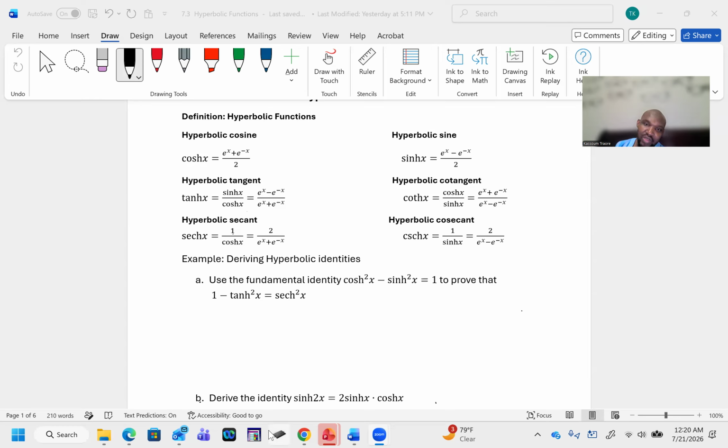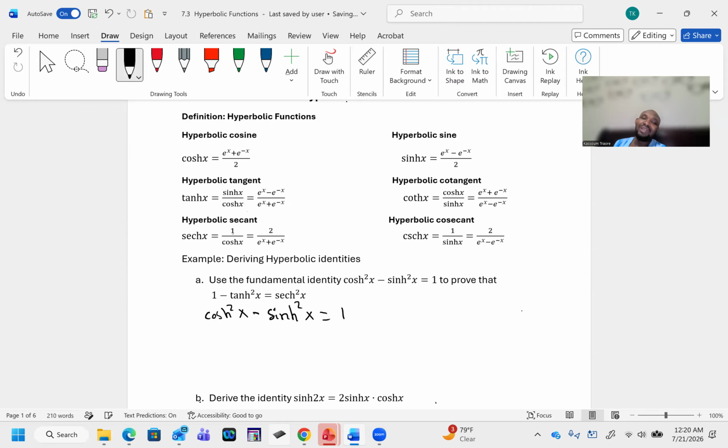So we are asked to use this identity. Let me write the identity, which is hyperbolic cosine square of x minus hyperbolic sine square of x is equal to 1.